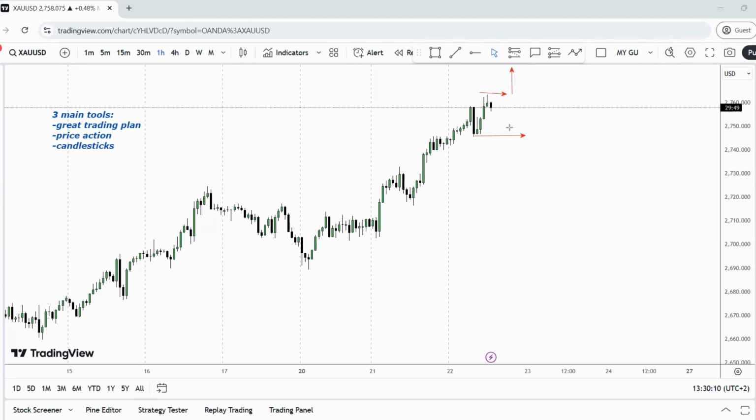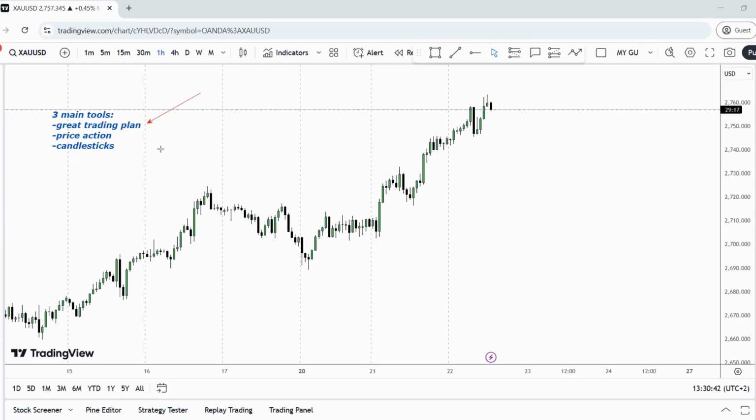So we have explained most of the stuff, but these are the three main tools that you need to remember before you take a trade. You cannot take a trade if one thing is not making sense. These three things need to work together. So one, always remember your trading plan. You can have a big trading plan, but we also prefer to have a very small trading plan that we keep everywhere we are, which you can easily read before you even take a trade to make sure that everything is making sense.